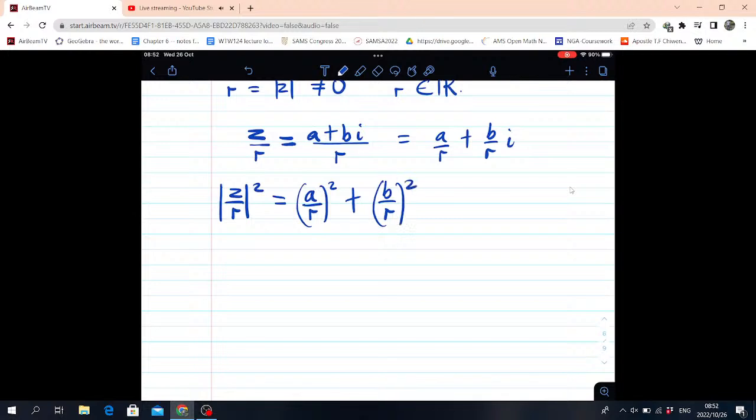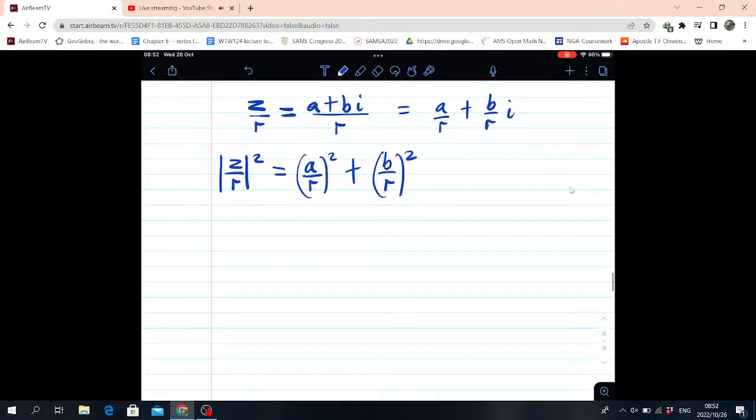If you remember our theorem that told us that the modulus squared is that times its conjugate, which gives you a squared plus b squared, right?